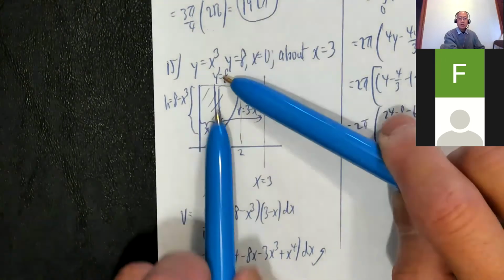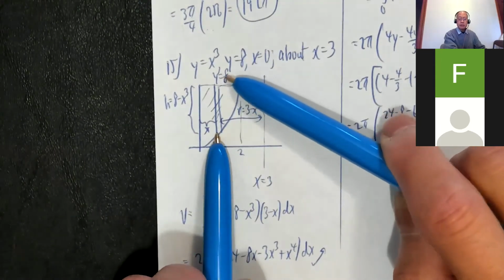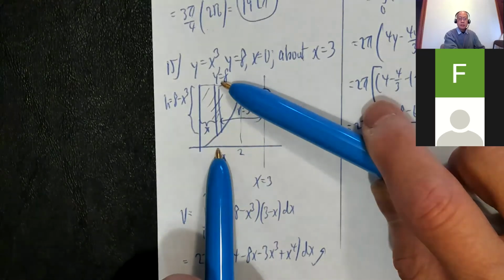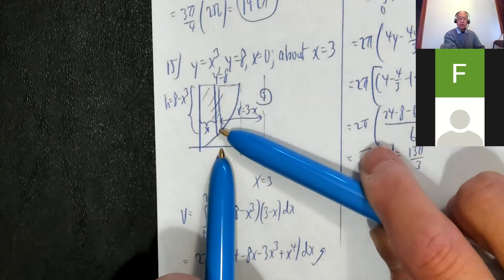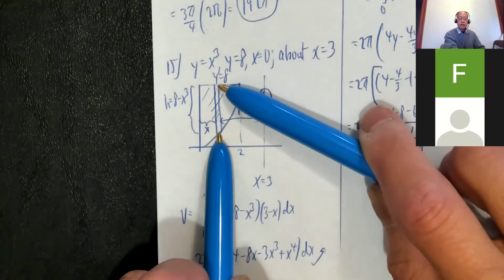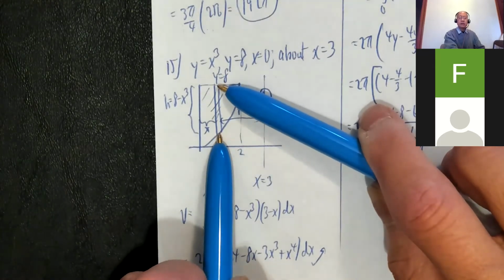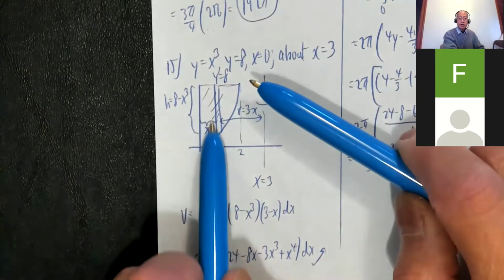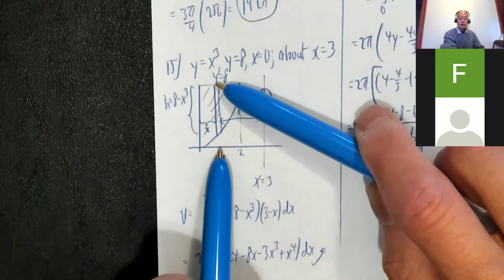Now the height, upper minus lower. This is 8. This is y, which is x cubed. So this is the difference. 8 minus y, or 8 minus x cubed. Okay, one more time. I just want this slice here. If I go from here to here, that's 8.